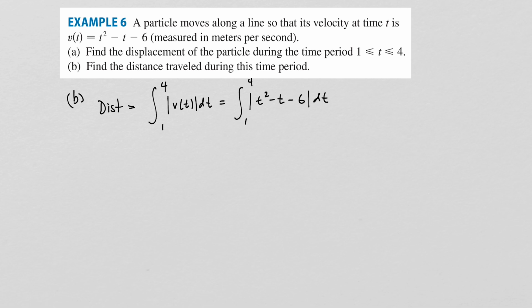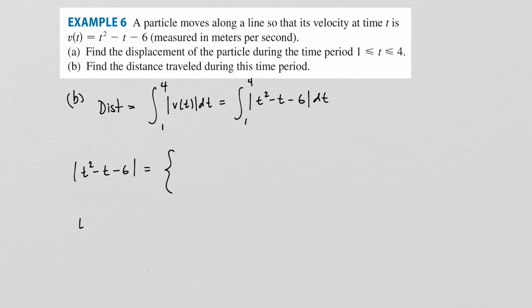Now, what's really important here is that you cannot integrate an absolute function until you remove the absolute values. So what is the absolute value of t squared minus t minus 6? What does it actually equal as a piecewise function?